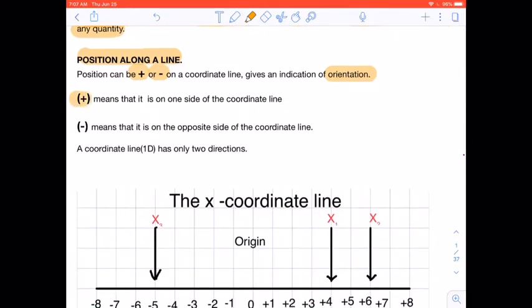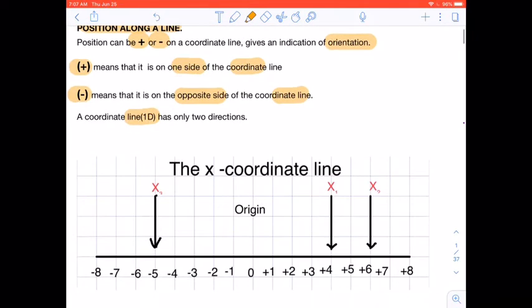So the plus sign means that it is on one side of the coordinate line, and minus means that it is on the opposite side of the coordinate line. And a coordinate line in 1D, which we deal with, has only two directions.